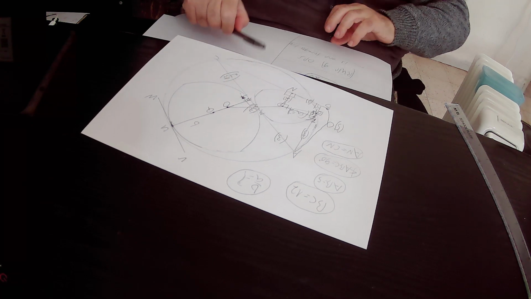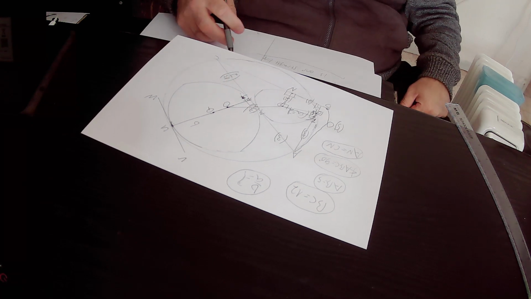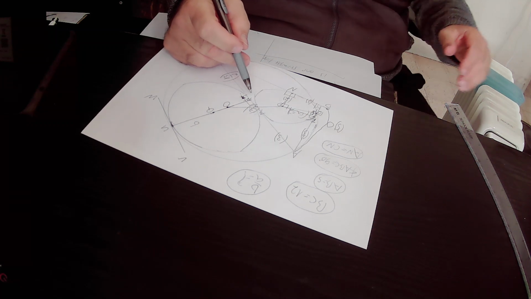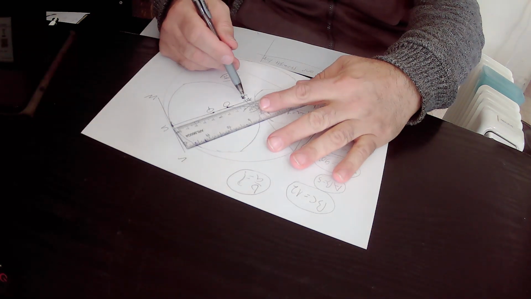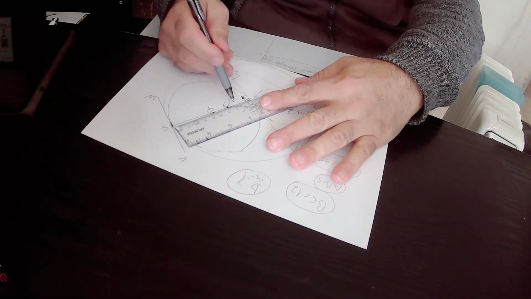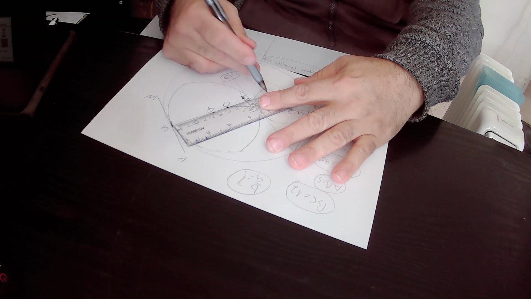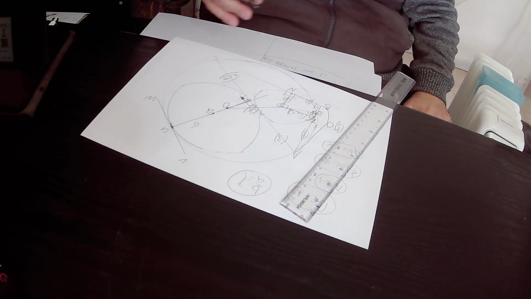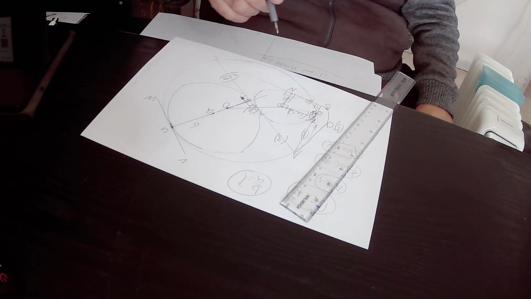In the next step, we'll extend the perpendicular ON by a straight line. ON is a perpendicular, it is absolutely a straight line. When you extend a straight line by a straight line, the result must be a straight line.